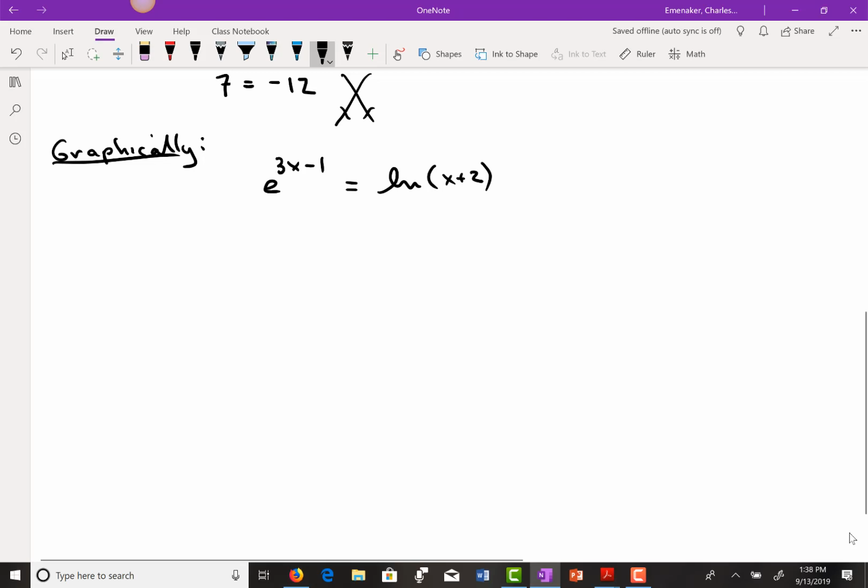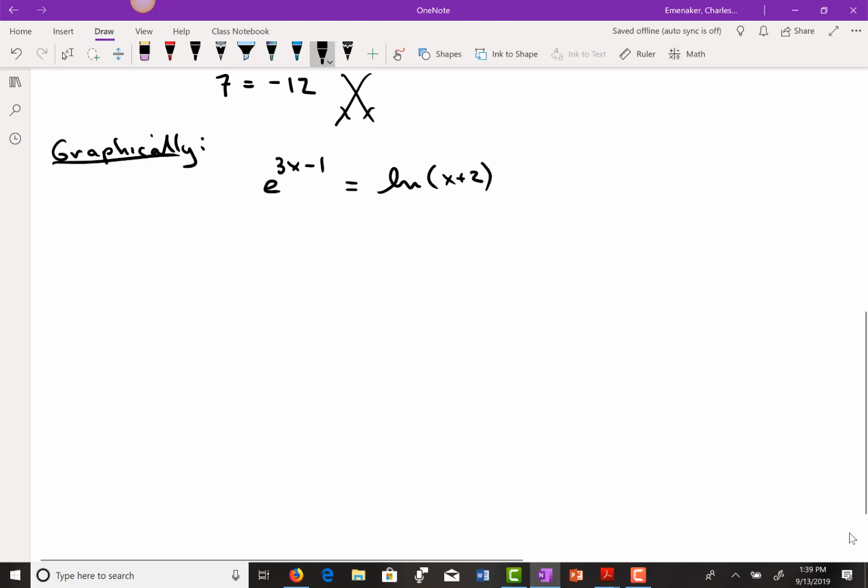Okay. So let's see what happens here. We have this graphing calculator. Finally going to zoom in. Okay, let's see if we can get this to work.